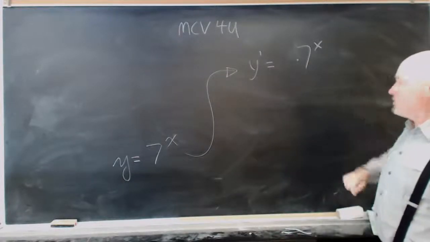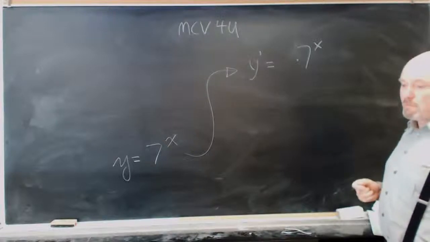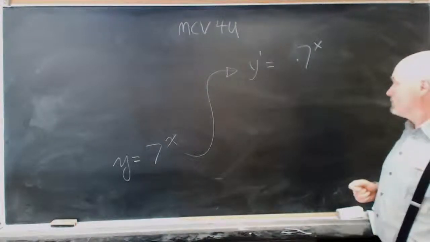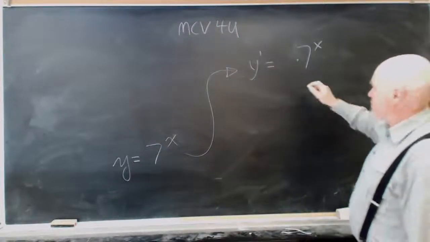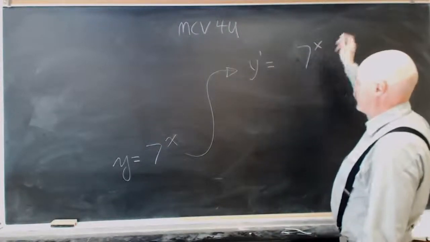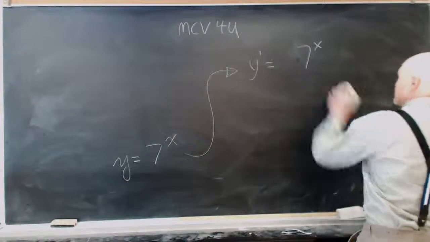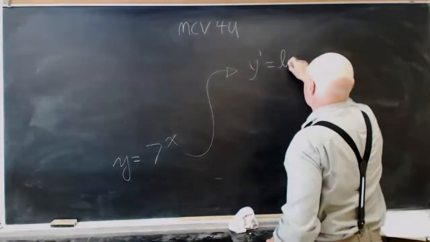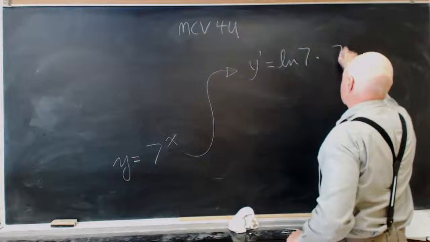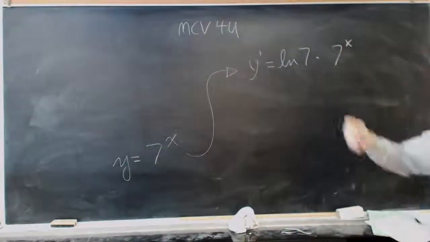Luke, do you remember what it was? It's actually the natural log of whatever the base was. So it's the natural log of 7 times 7 to the exponent x.